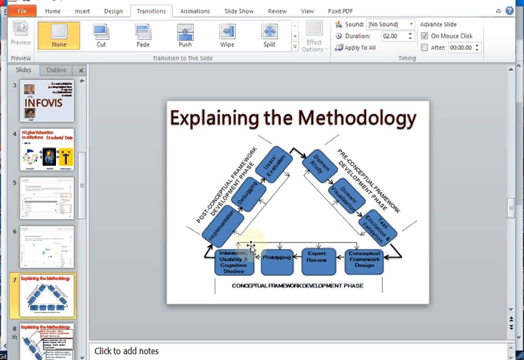So in totality we have 10 stages of 3 phases. The first phase is the pre-conceptual framework, the second phase is the conceptual framework development phase, and the third phase is the post-conceptual development.